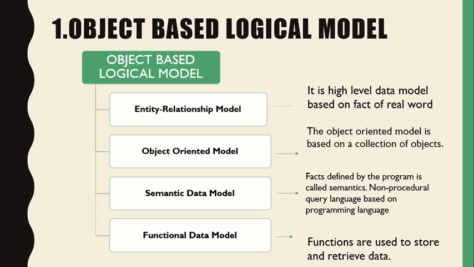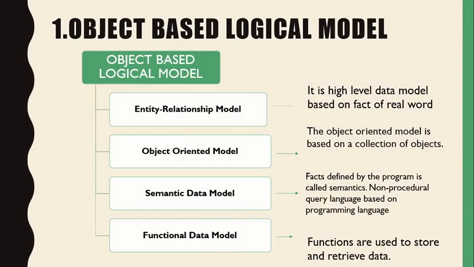Semantics means having certain meanings, and those meanings are performed. That is the semantic data model. And the functional model uses functions to store and retrieve the data, just like in C programming we discussed structure and union.